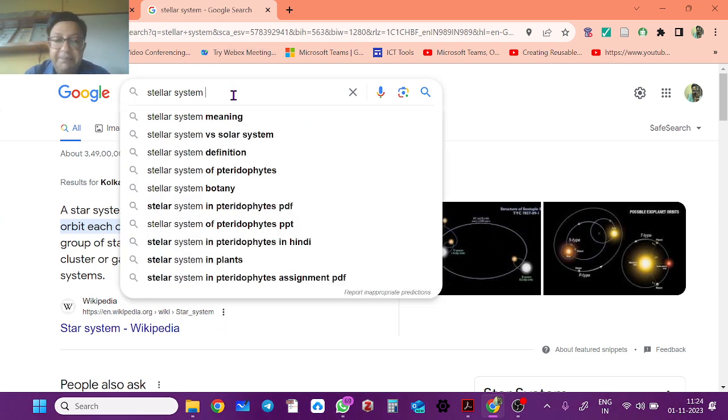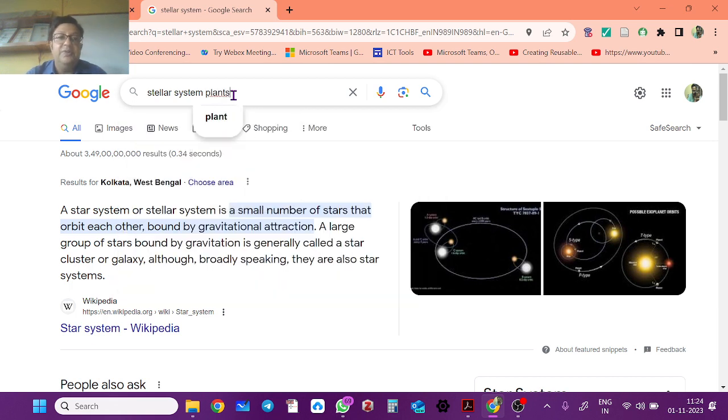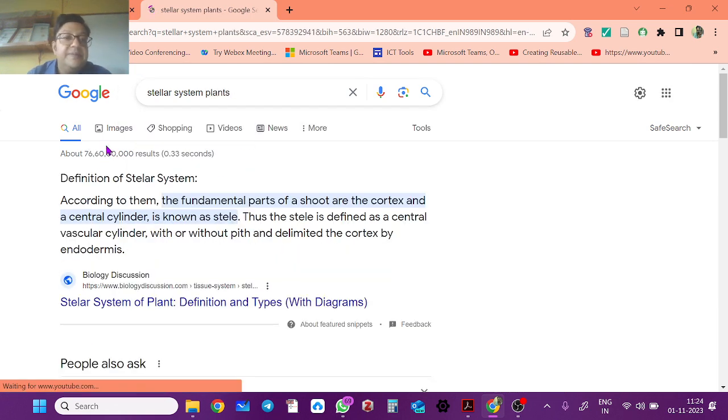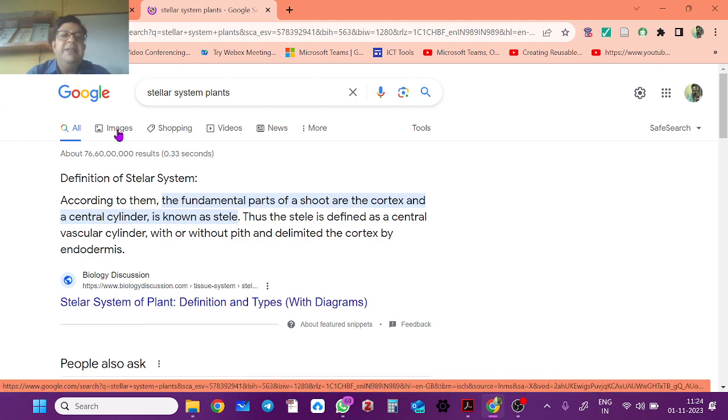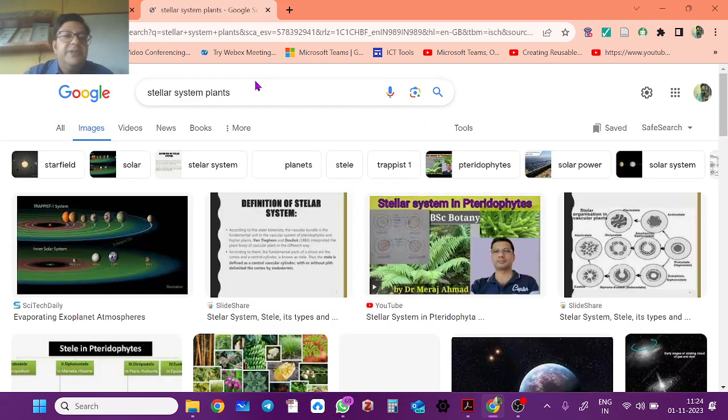I'll show you. I'll send a stellar system photo. Basically, there are cortex. Cortex is the portion. If you take a cross section of a leaf stem, cortex, central cylinder, it is known as stele. There is a cylinder in the middle, and cortex outside. And this system is known as stellar system. I'm sending you a picture of stellar system.